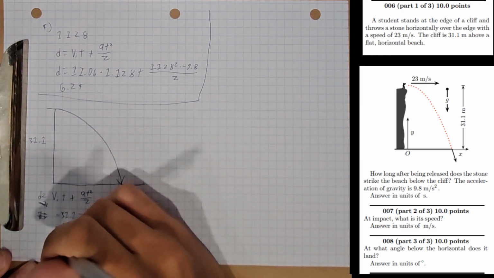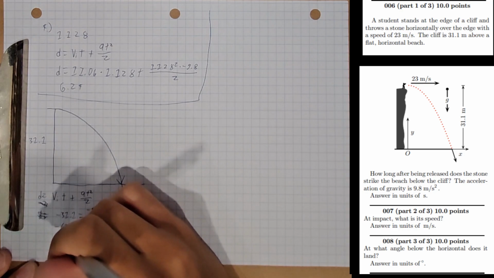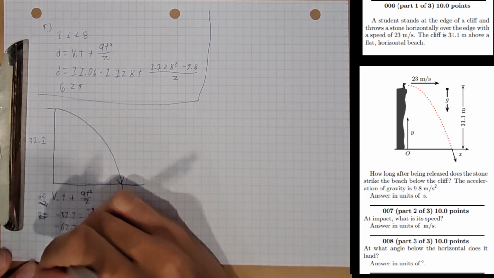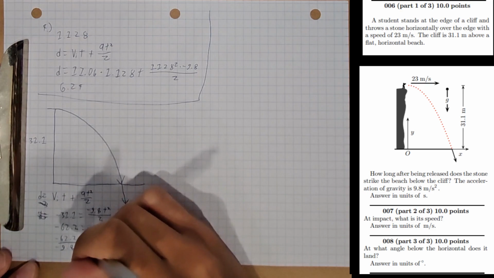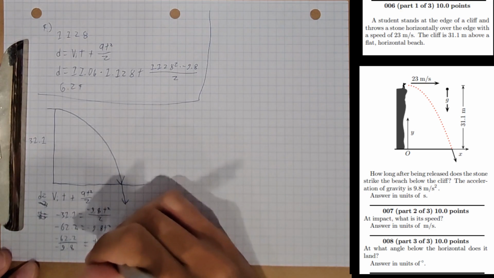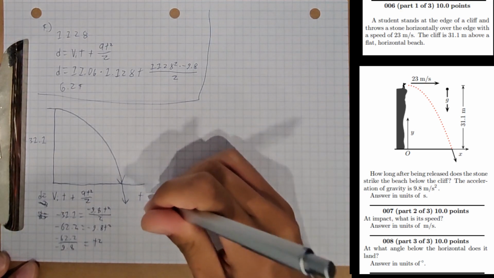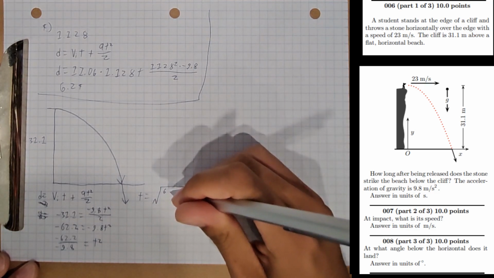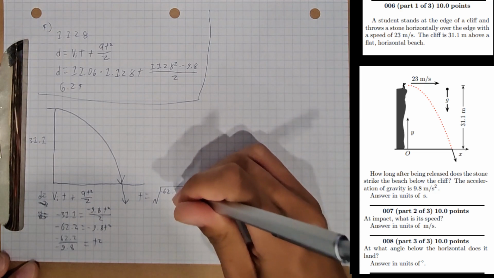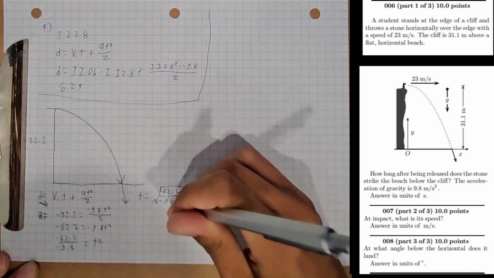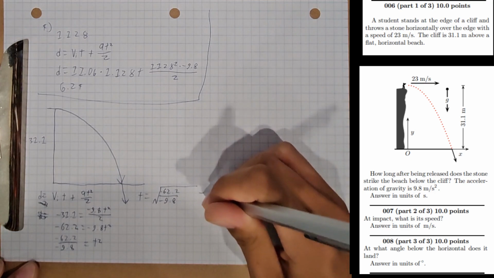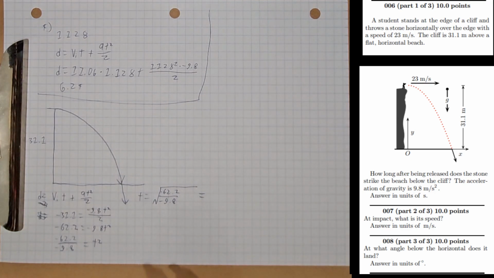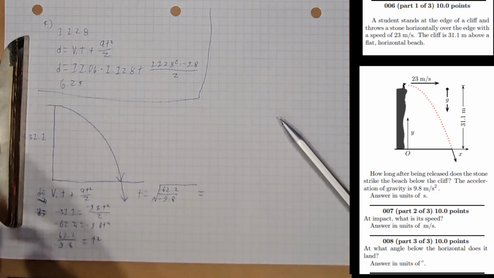Divide by negative 9.8. Negative 62.2 over negative 9.8 is equal to t squared, which means that t is equal to the square root of negative 62.2 over negative 9.8. Remember, in this case, since time is always positive, you do not have to worry about any negative value coming from the square root.